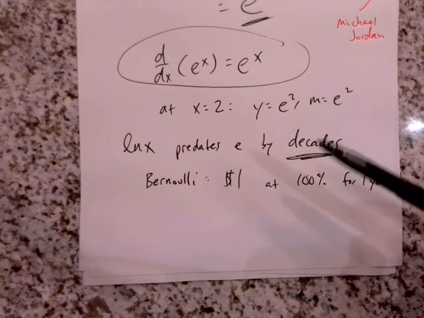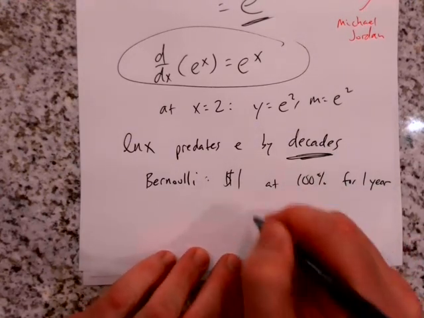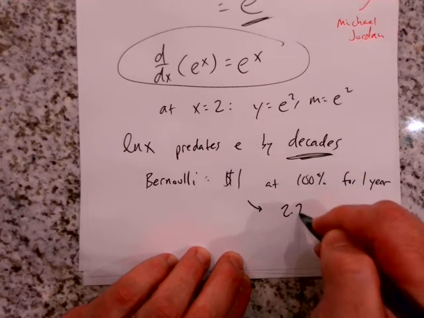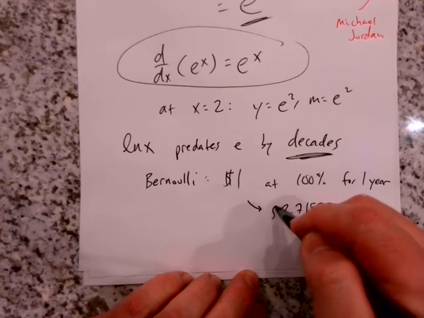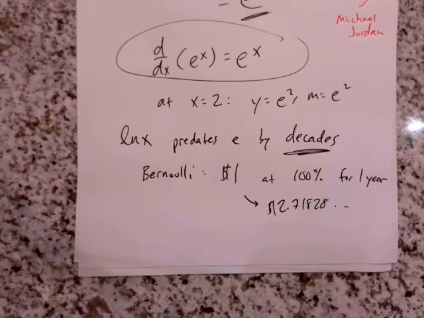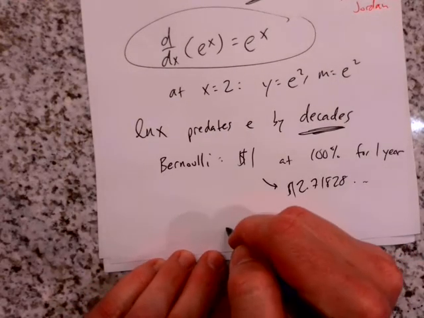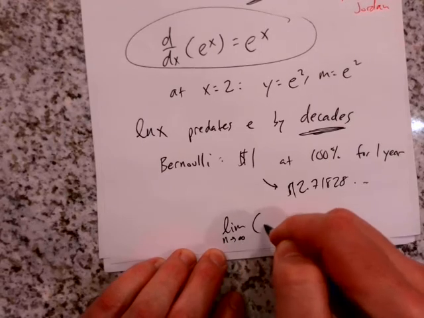And he figured out that if you just compound your interest more and more and more, the max amount of money you'll have is E, that 2.71828 blah blah blah dollars. But this number appears all over the place. Like, it really is only possible to define this number with the aid of calculus.